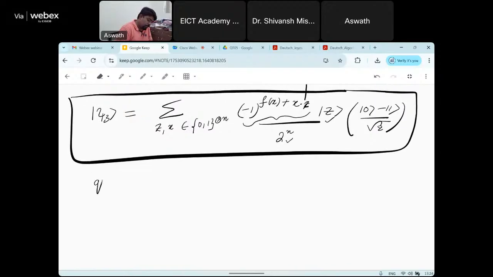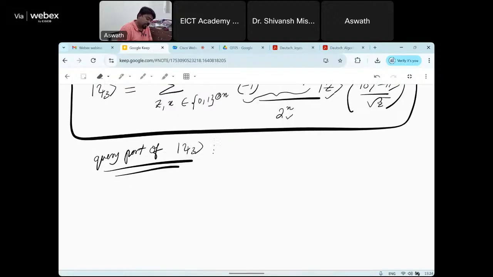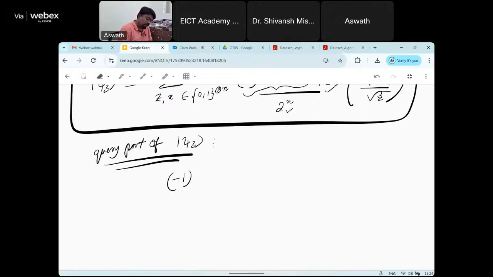Let me write down the query part of psi3, which is minus 1 to the power of f of x plus x dot z, multiplied by 1 over 2 to the power of n. This is the query part.